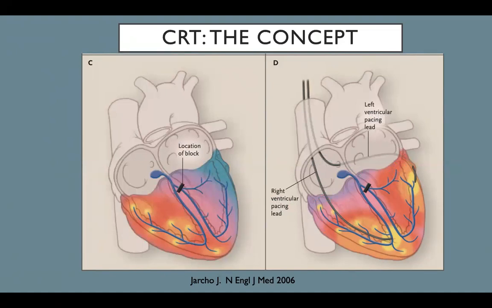And then on the right, you can see that with the addition of a left ventricular pacing lead as the bright yellow area in the left lateral wall of the ventricle, and then the right ventricular pacing can be coordinated to achieve resynchronization, essentially trying to restore some normal activation sequence. Of course, it doesn't ever get to normal, but we aim for that principle to improve the mechanical function of the left ventricle.